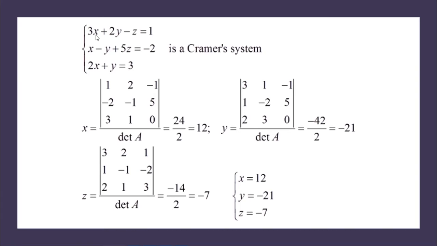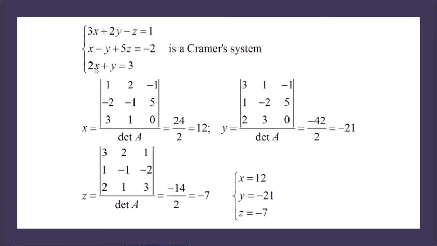The coefficient of x in the first equation is 3, and similarly the coefficient of y is 2 and then minus 1 for z. After that, in the second equation, the coefficient of x is 1 and the coefficient of y is minus 1 and the coefficient of z is 5.